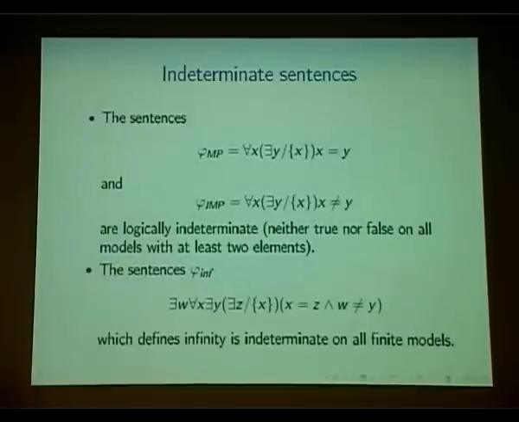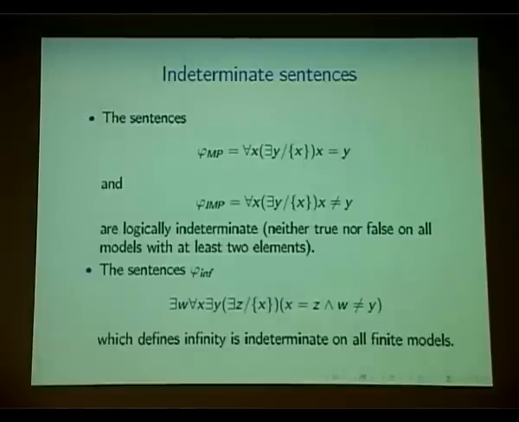Indeterminate sentences have been much discussed in the IF literature, and the first one, the sentence MP, comes from matching pennies. This game expresses matching pennies, because it says that for all x there is a y independent of x.